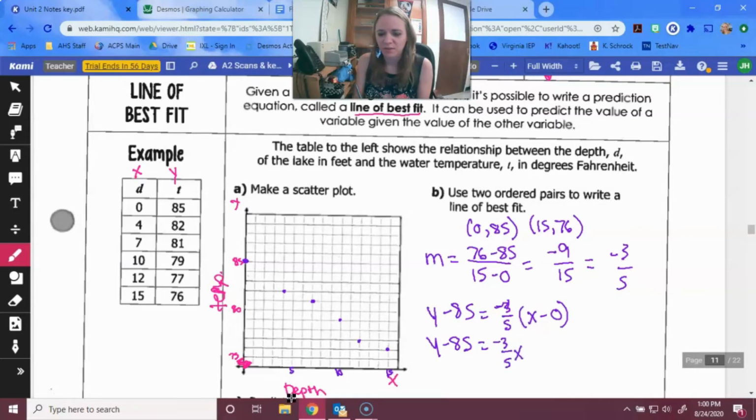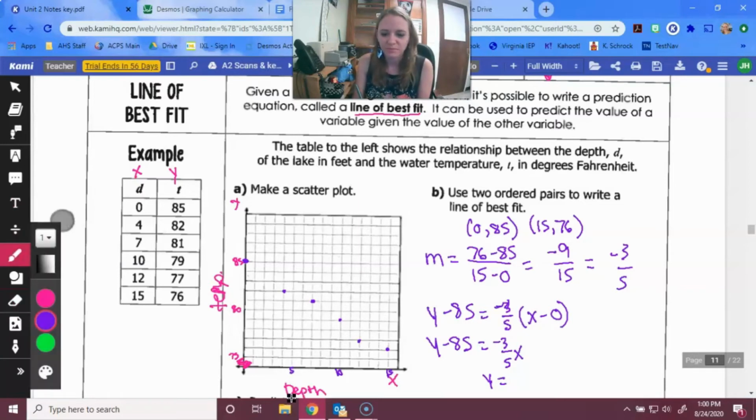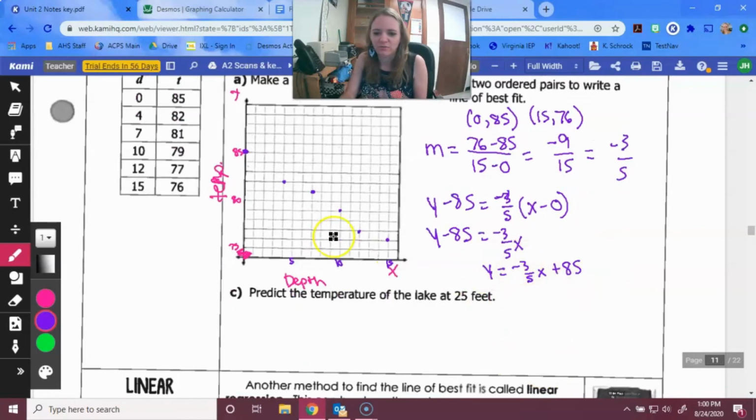That times 0 is going to be nothing there, and then I just have to move the 85 to the other side. I'm putting this in y equals mx plus b form, because again, that's usually the best one, and why not? Alright, so there you go. So there's an equation for this scatter plot.